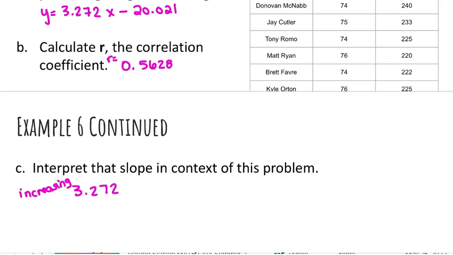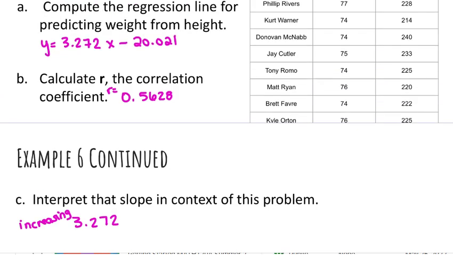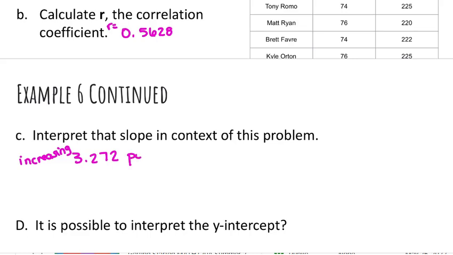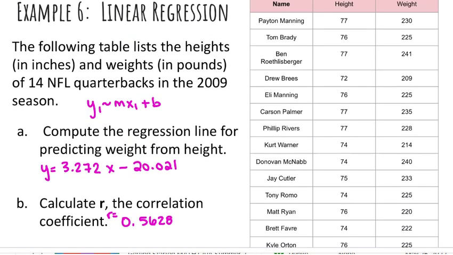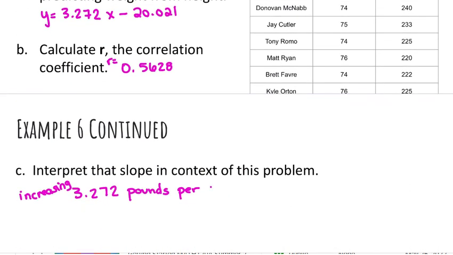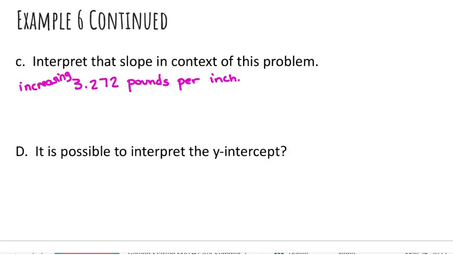So it's increasing 3.272 Y units, and the Y is weight. So I'm guessing this is pounds per, the height units would be inches. So for every inch we go up, you go up 3.272 pounds.